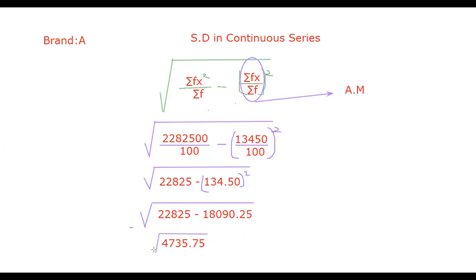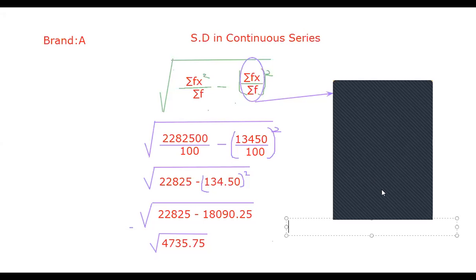What is the square root of 4,735.75? That is 68.81.